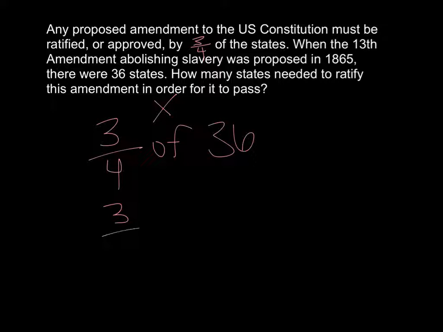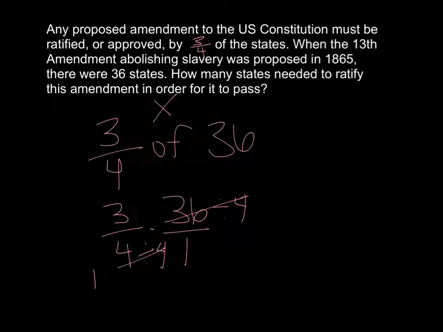So I do 3/4 times 36 over 1. So I'm going to, it's like this, you guys. I'd have to figure out what is 3 times 36. Or I know that 4 goes into 36. So I can divide by 4. Divide by 4. So I'd get 1. 36 divided by 4 would be 9.